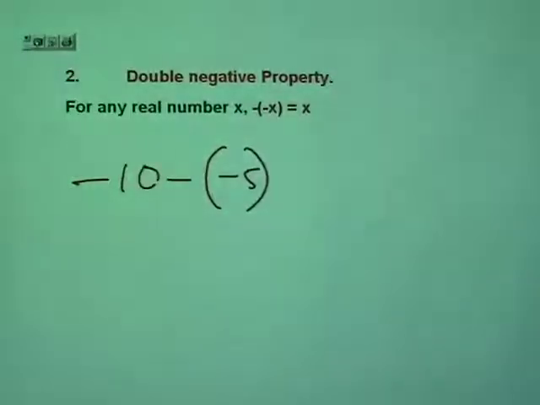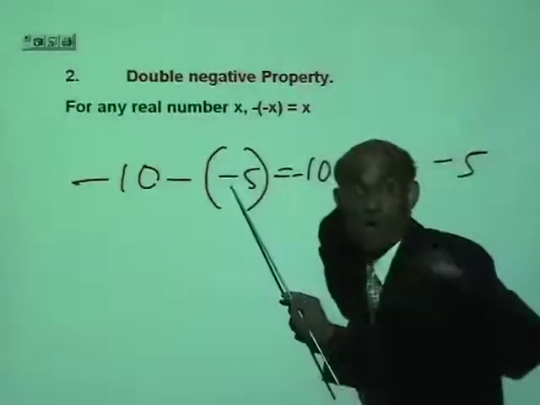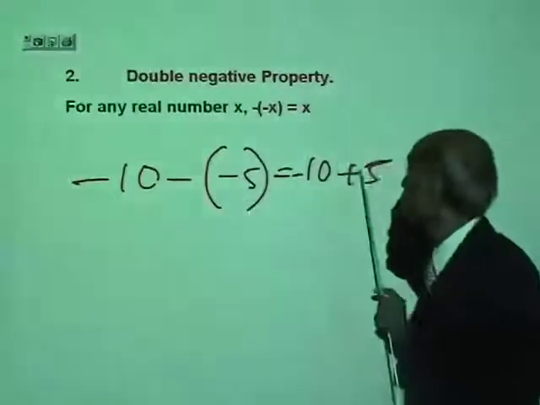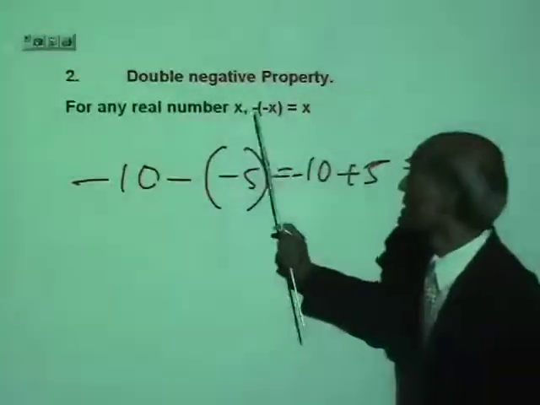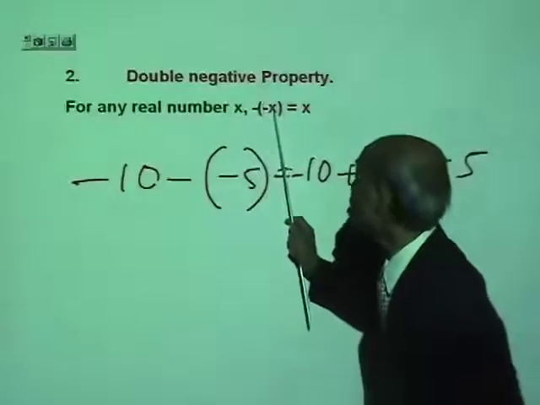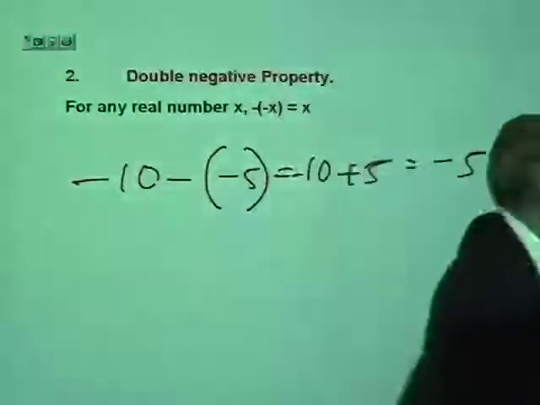And this is the same as negative 10 plus 5, which is negative 5. So, subtracting a debt means you paid off $5. That means your debt is now $5. So subtracting a negative will give you a positive value.